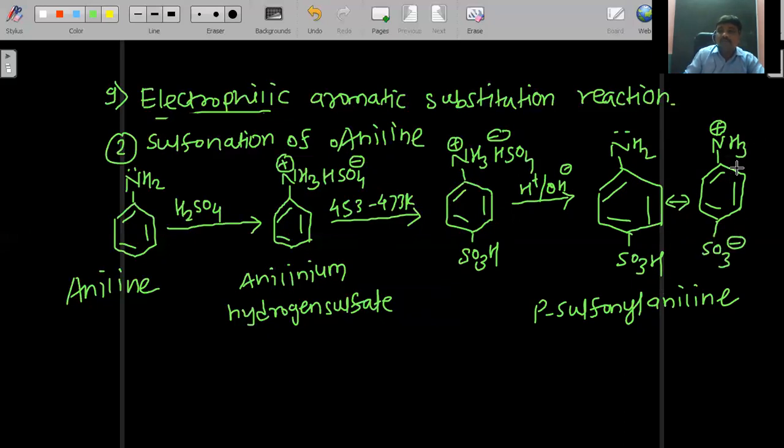So this ion is known as Zwitter ion because it carries positive and negative charges. So what is a Zwitter ion? Zwitter ion is a compound in which two functional groups are present and carry positive and negative charges, and hydrogen is shifted from one functional group to the other. Okay, so this is known as sulfonation of aniline.